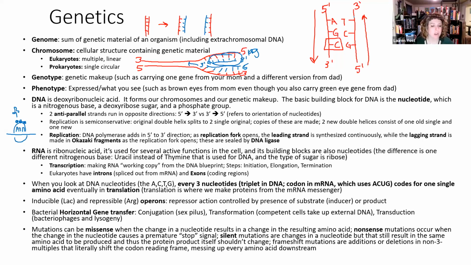Worse than that can be the frame shift mutation. So if we're reading it as AAU, UUA, AAU, UUA, or whatever the sequence might be on your mRNA, a frame shift mutation either inserts or deletes a nucleotide at some point, and then causes the entire reading frame from then on to shift over by forward one or back one.